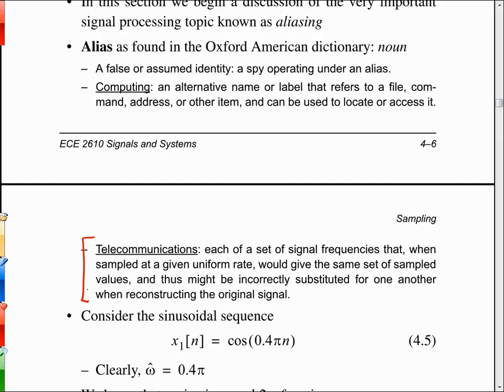When sampled at a given uniform rate, would give the same set of sampled values and thus might be incorrectly substituted for another. So that's what we're going to be looking at initially, and it's kind of perplexing, but it's just a property of the cosine function and the way the sampling theory is going to work.